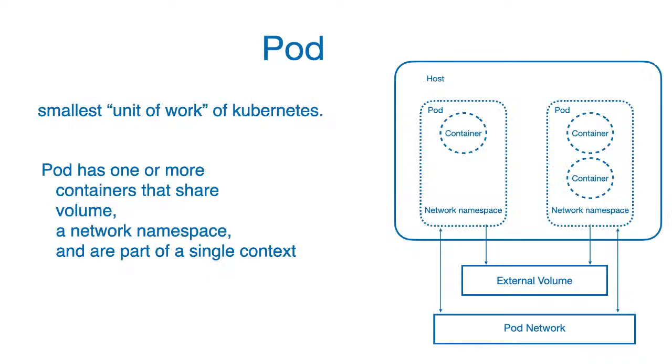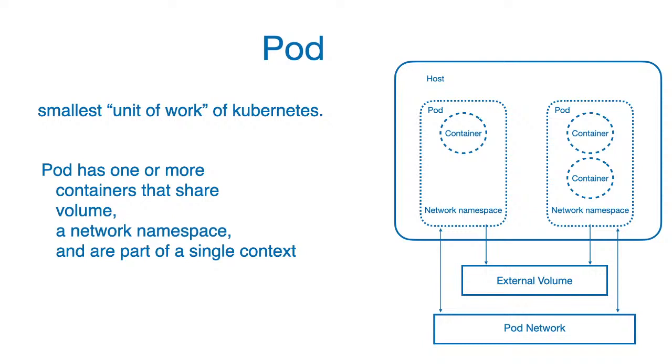So a pod is the smallest unit of work in Kubernetes. It could have one or more containers inside it. It will have its own network space and storage space. So it'll have its own storage and could be stateful or stateless. And it'll have its own network and IP address and the entire TCP/IP and UDP stack.